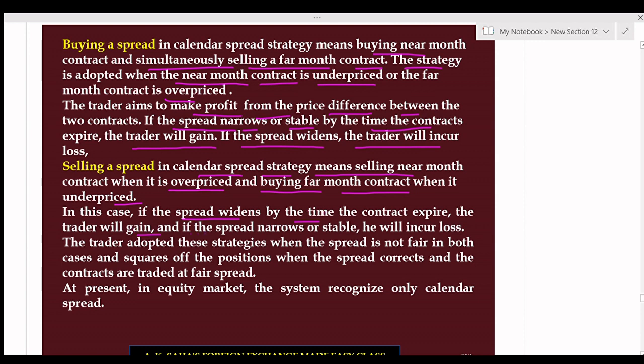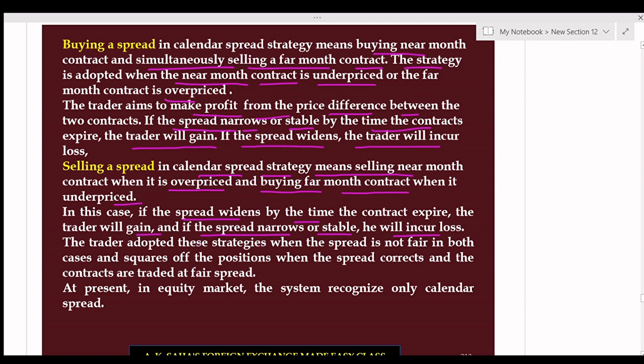If the spread narrows or is stable, he will incur a loss. That is, if on the expiry date the spread is higher than the spread on the contract day, then the trader will gain. Otherwise, he incurs a loss.